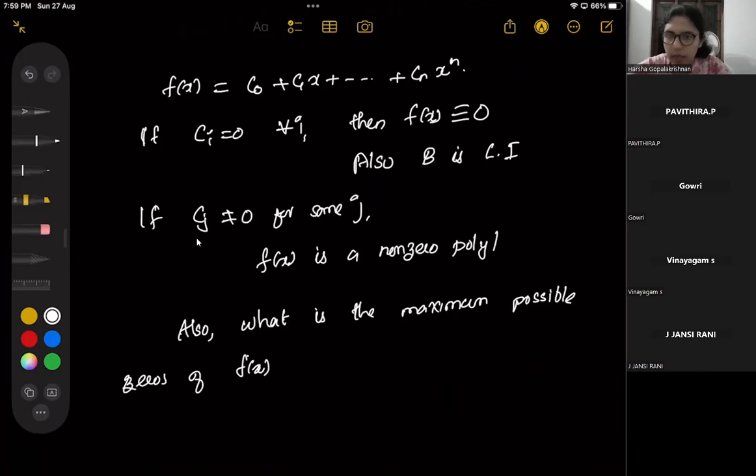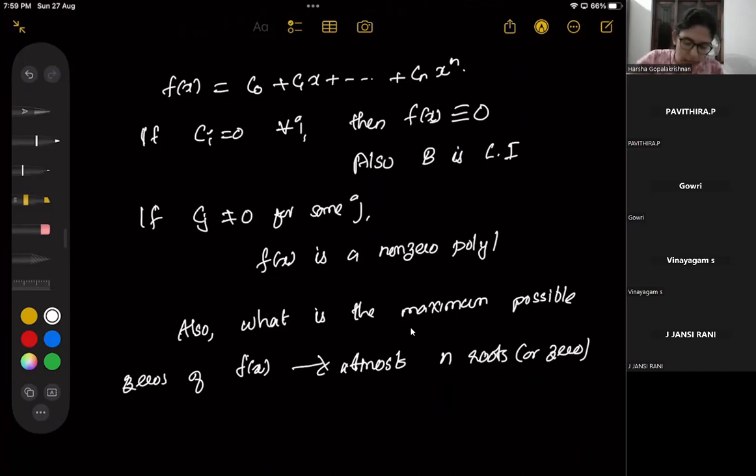We don't know what j is; we only know Cj is non-zero. Anyhow, f of x is a non-zero polynomial of maximum degree n, so it can have at most n roots or n zeros. If it is a second degree polynomial, it can have at most 2 zeros or 2 roots. So an nth degree polynomial can have at most n zeros or n roots.